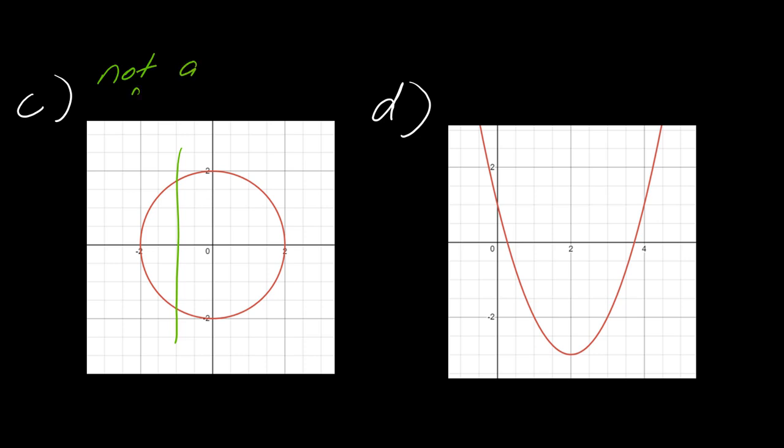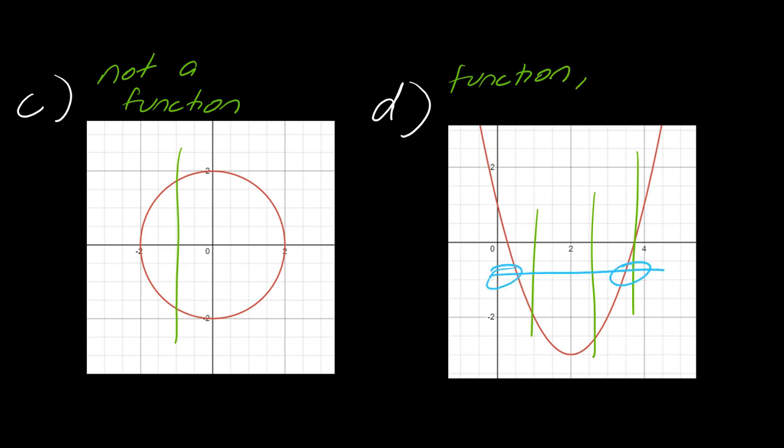Once it's not a function, you don't have to go any farther. It doesn't matter, it's not one-to-one. One-to-one is a label for functions, so if it's not a function, you're done. What about D? D is a function, but is it one-to-one? It's definitely not one-to-one, because if I draw a line this way, it intersects here. So this is not one-to-one.